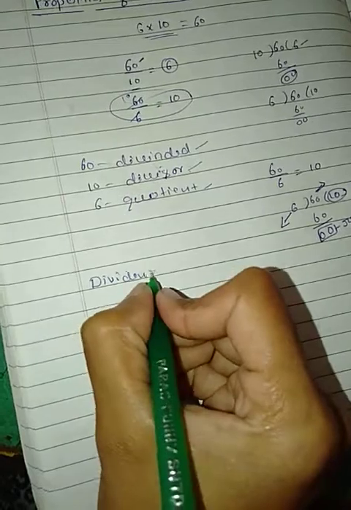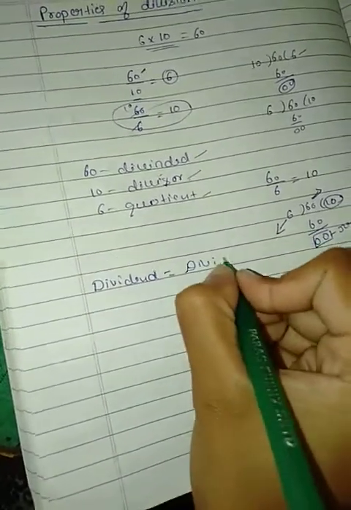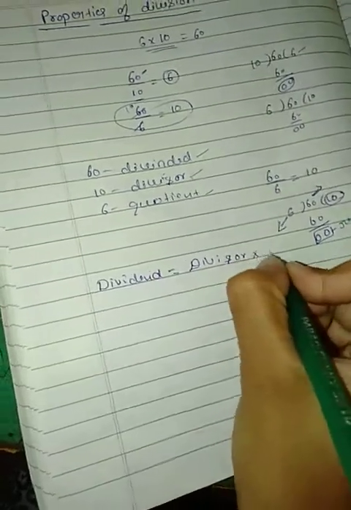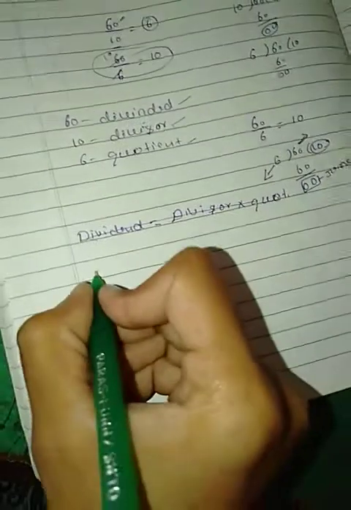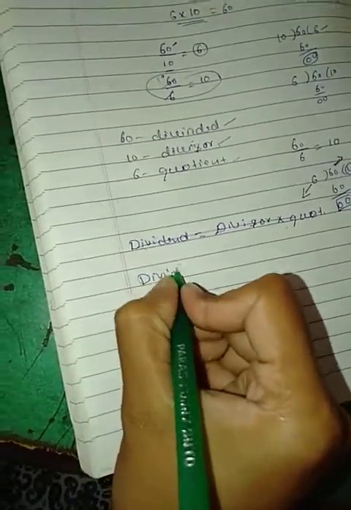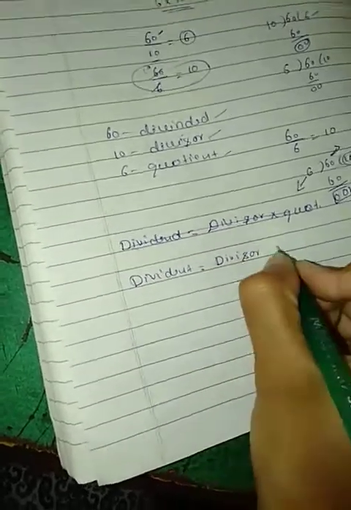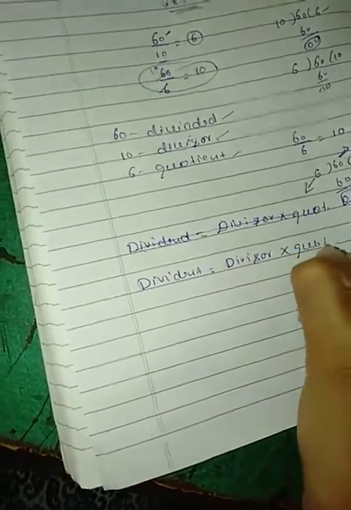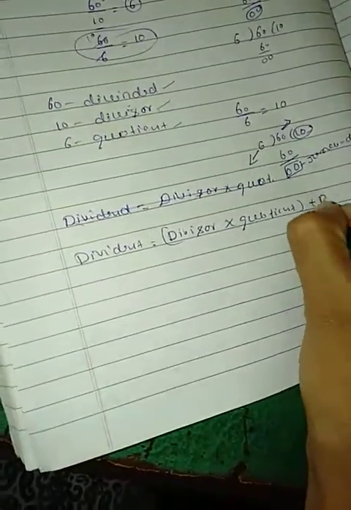dividend is equal to divisor into quotient plus remainder.